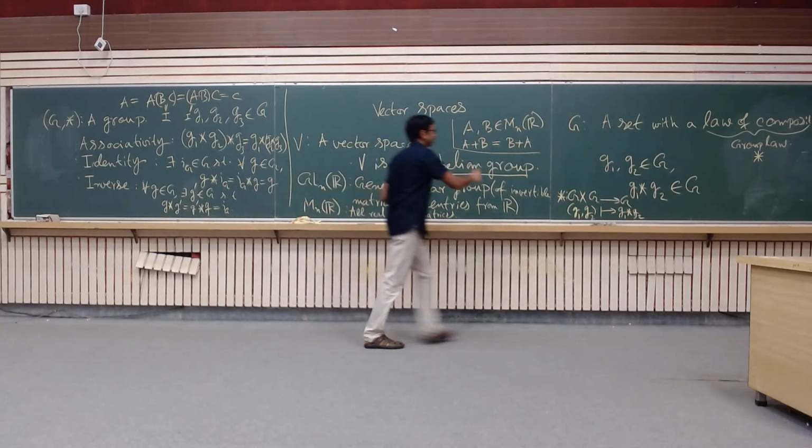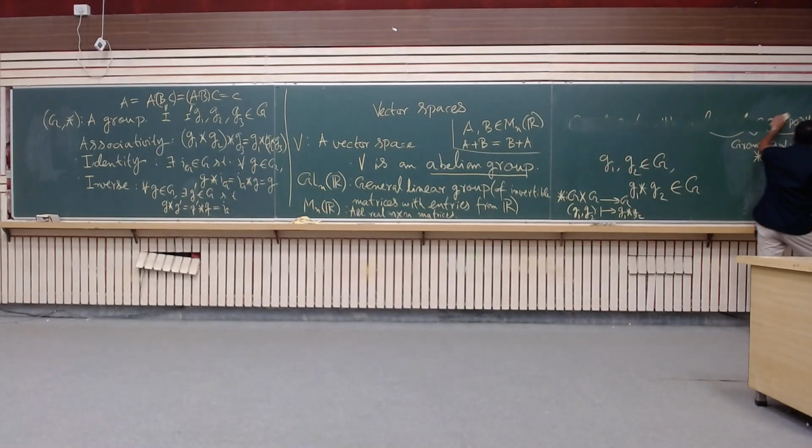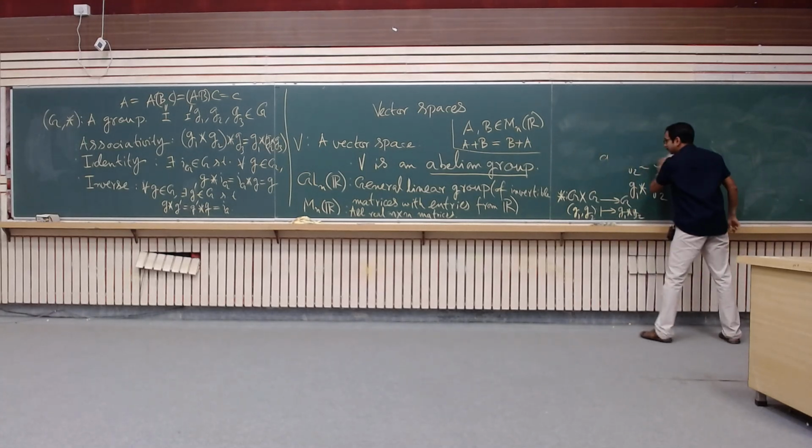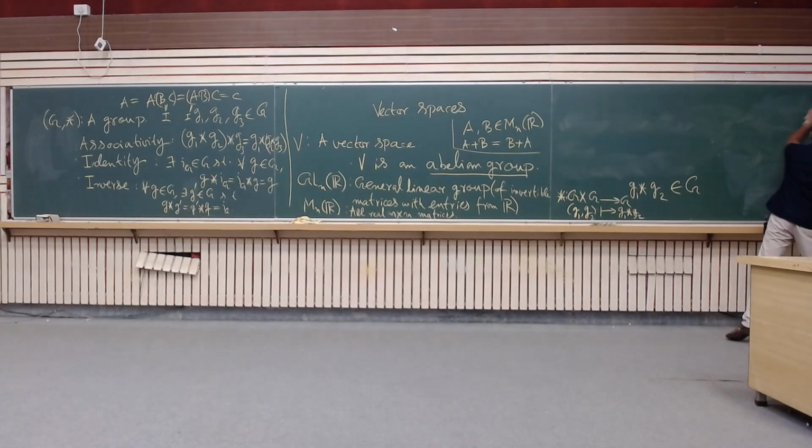I think we can use that board. Coming back to what I was going to say about GLnR, but let's just give the definition of an abelian group since we are in a flow.